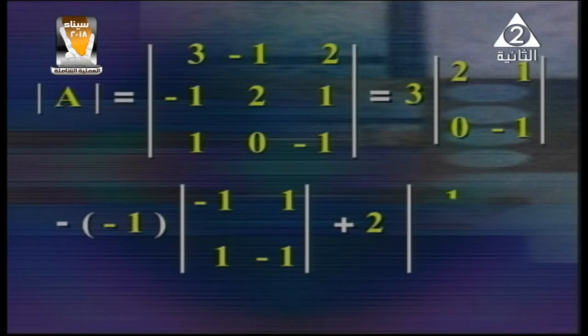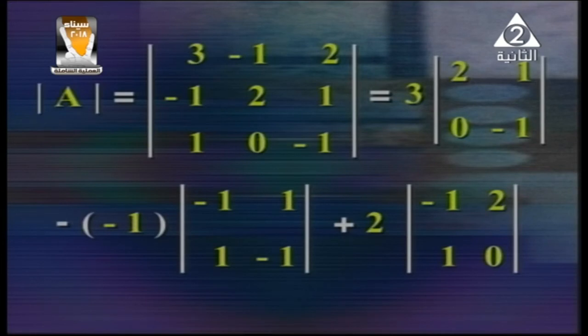Remember, dear student, each element in the first row has a determinant. 3 has determinant [2, 1; 0, -1]. -1 has determinant [-1, 1; 1, -1]. 2 has determinant [-1, 2; 1, 0].